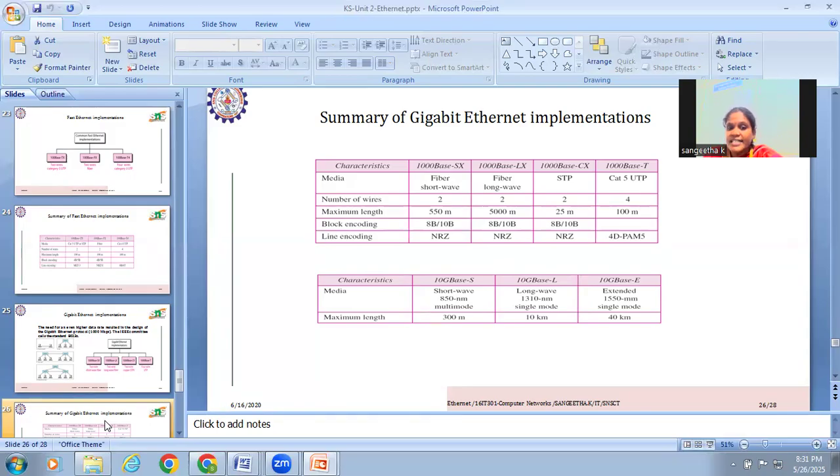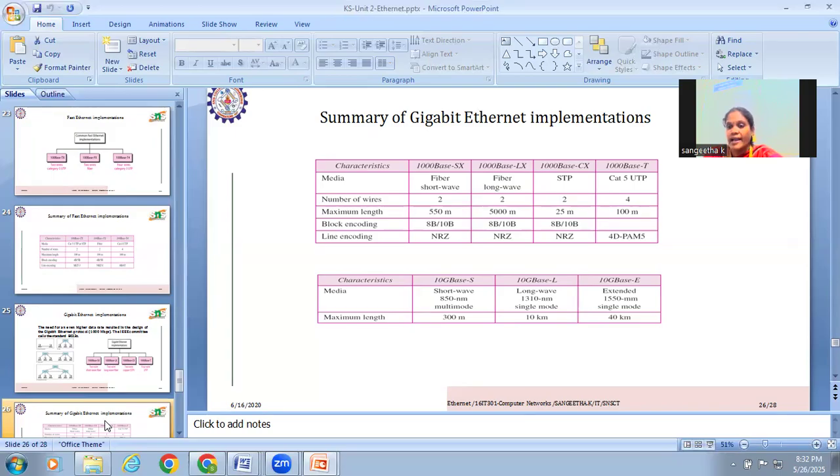The next category is 10 Gigabit Ethernet. It also specifies various implementations: 10GBase-S, 10GBase-L and 10GBase-E. These use short-wave multimode communication, long-wave communication, and finally extended long-wave communication. Fiber optic cable will be used, with transmission of light.